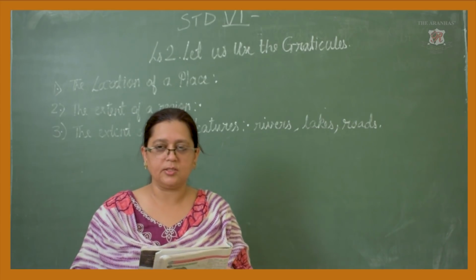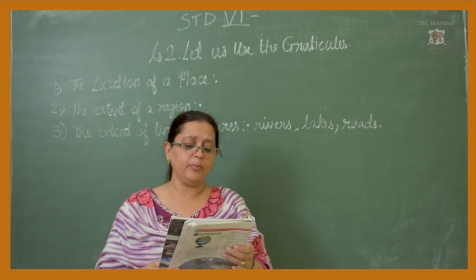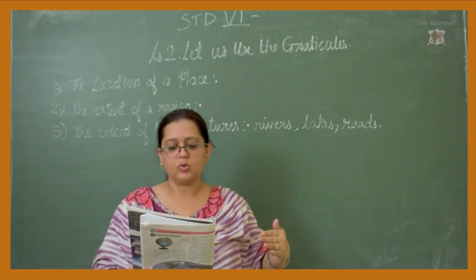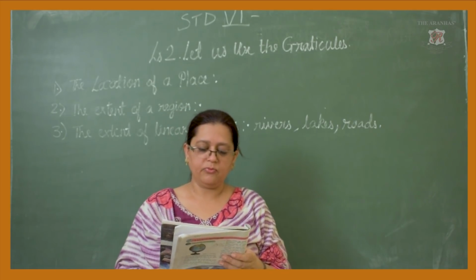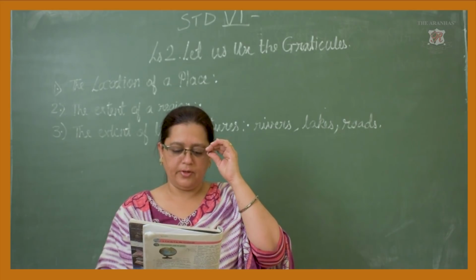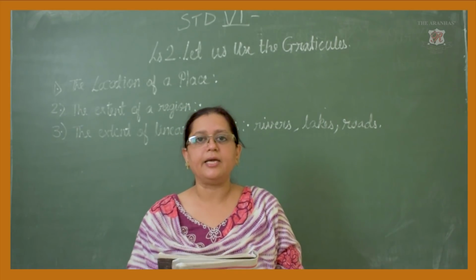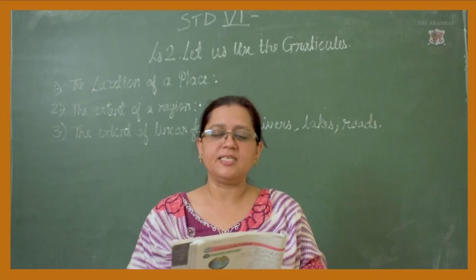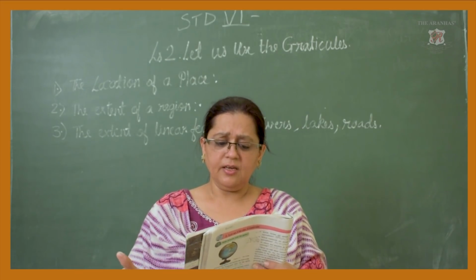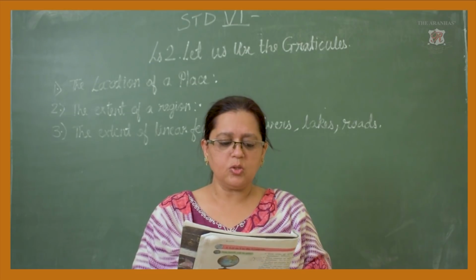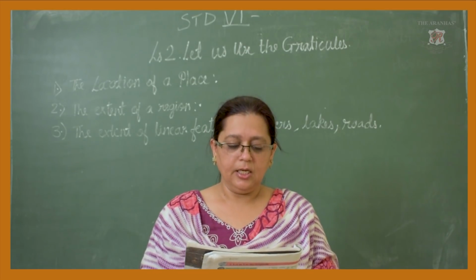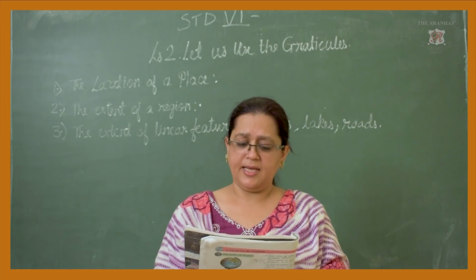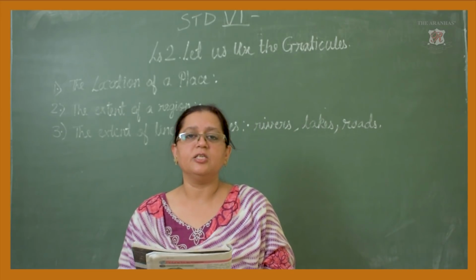Now, what are terminal points, children? Terminal points mean the end points, from where the river starts until where it ends. For example, we'll take the river Nile. The river Nile in Africa originates in Lake Victoria. Originates means it starts from there. It flows north and meets the Mediterranean Sea near the city of Alexandria in Egypt.